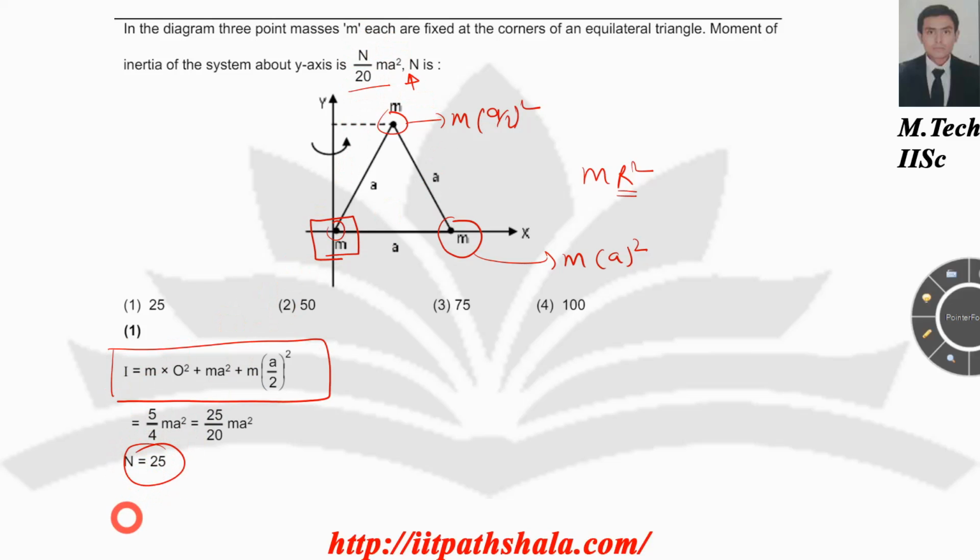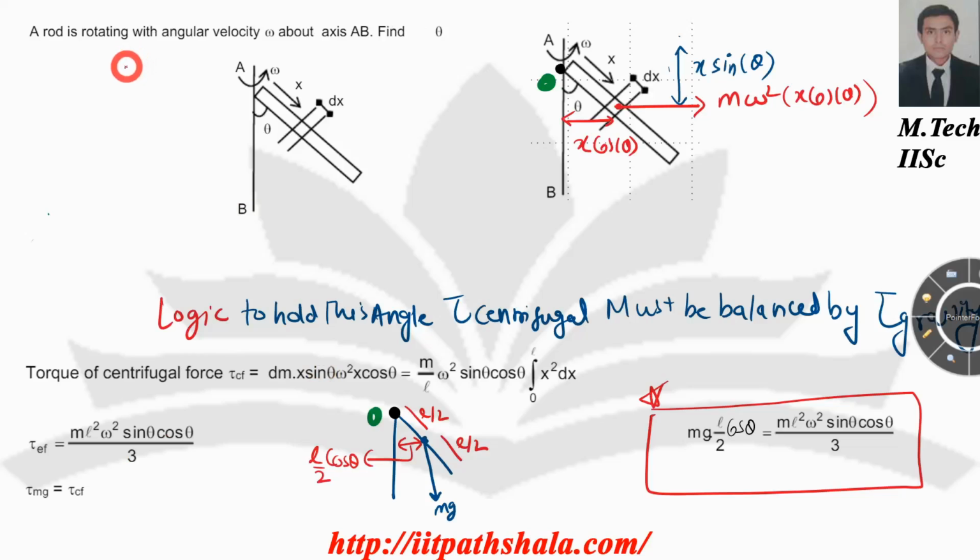Now let us move to the next question, which says a rod is rotating with the angular velocity omega about this axis AB. You have to find the value of theta. Now this is a good question. Because to keep my rod at this angle, I can use the balance of the torque itself.